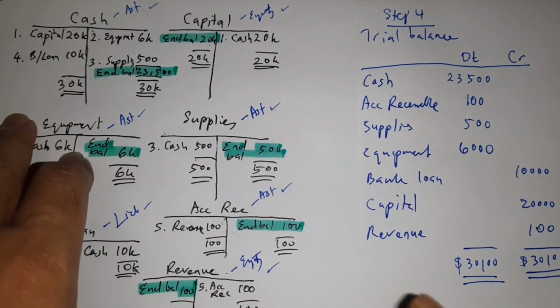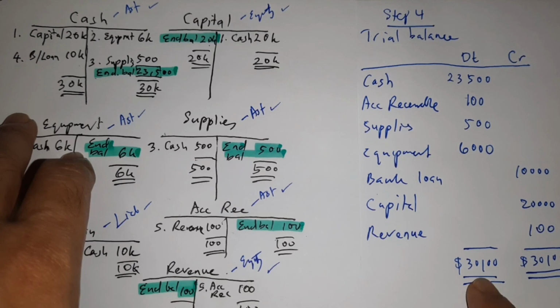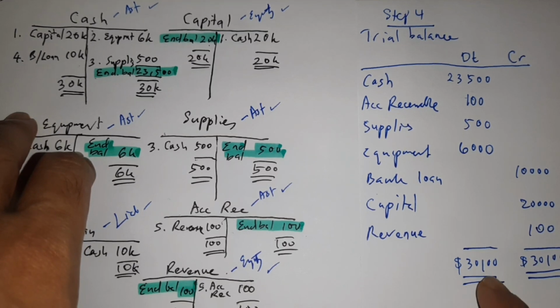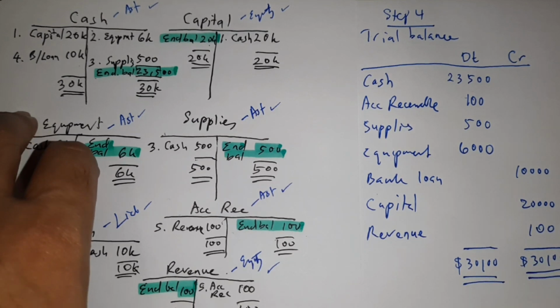So most of the time, if the total number in the debit side equals the total number in the credit side, the recording process is correct. There are several exceptions, but most of the time this number equals this number, then you know that the recording process that has been done is okay.